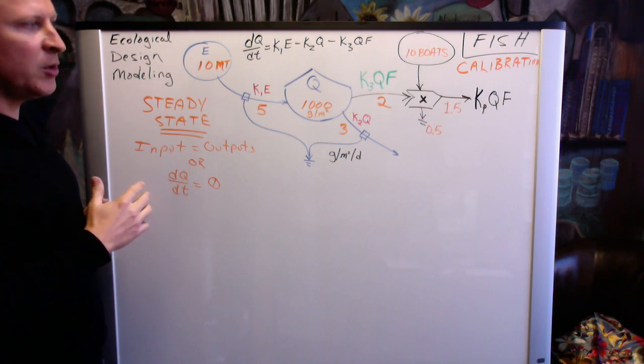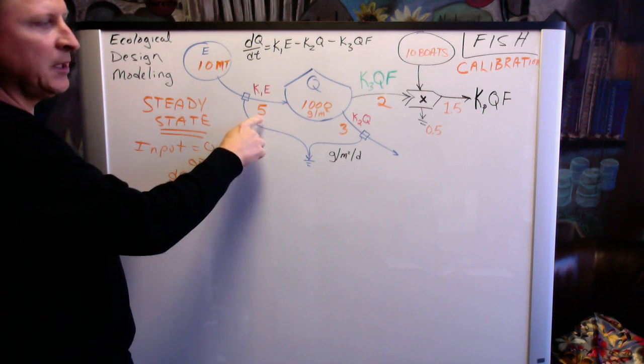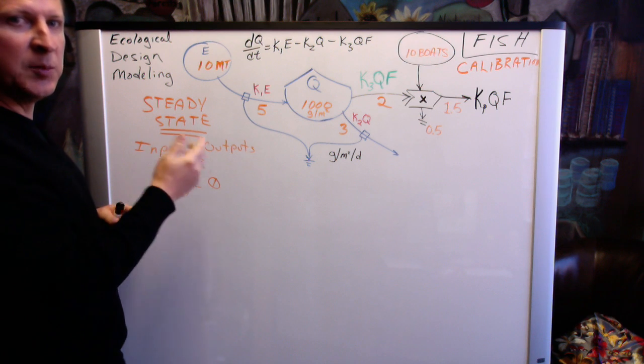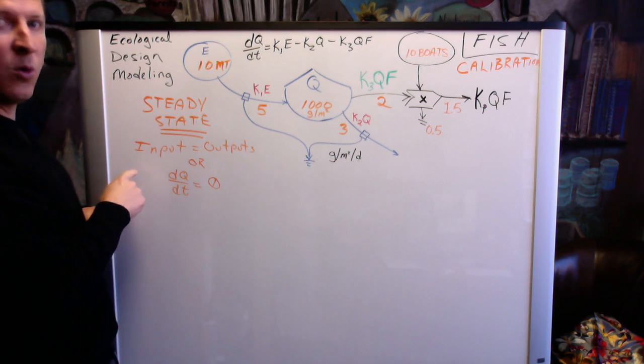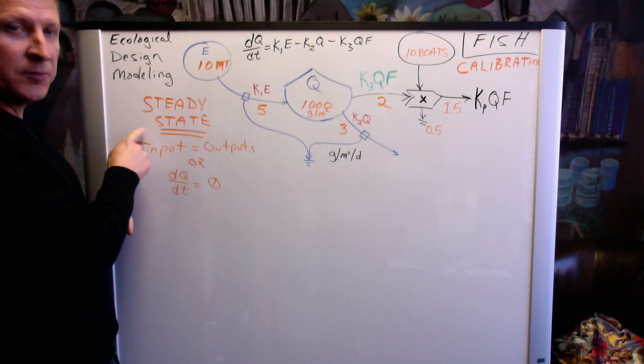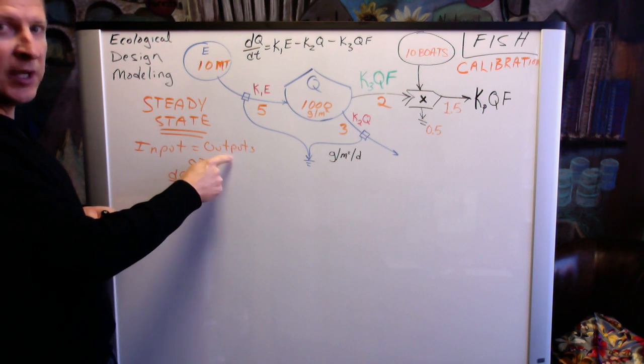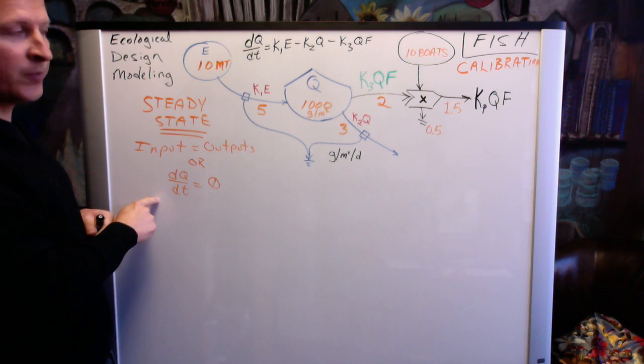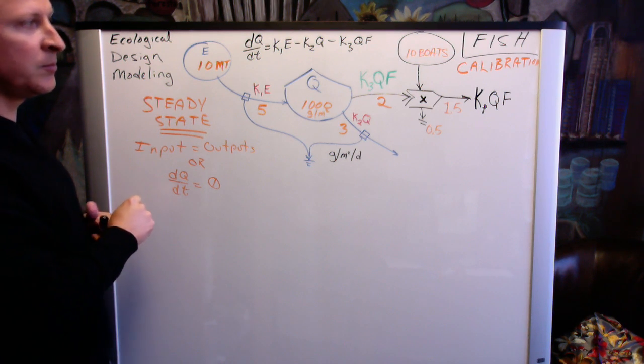If you notice, we have 5 coming in and 3 plus 2 leaving. We have a situation where the inputs equal the outputs, what's known as steady state, where the change in storage is 0 under this calibration.